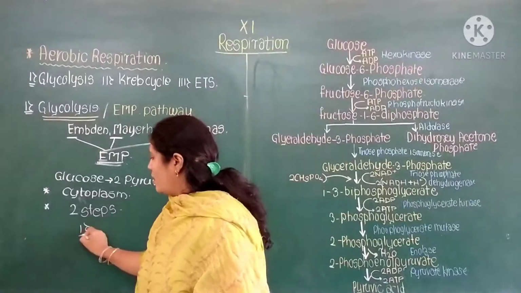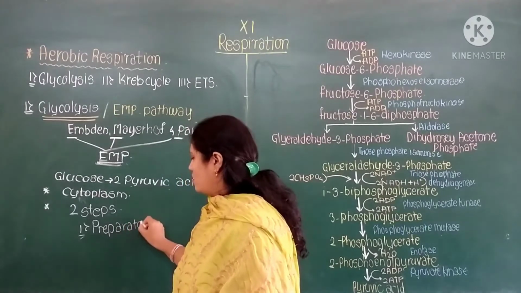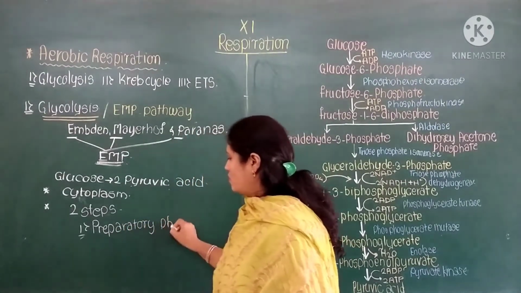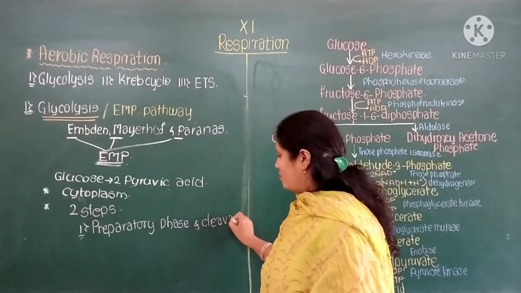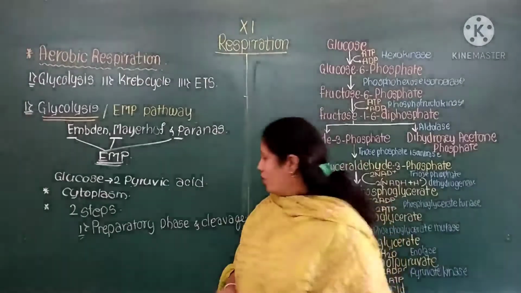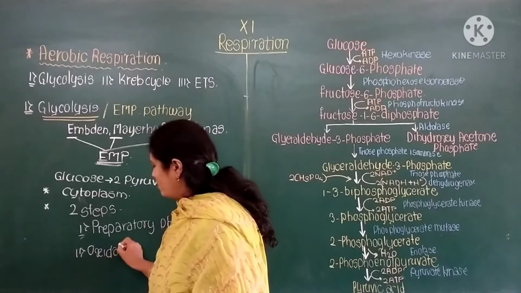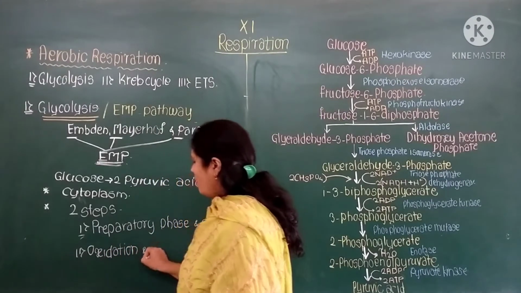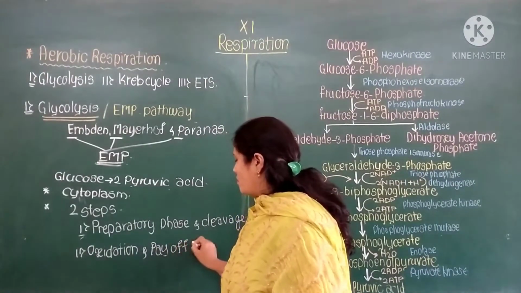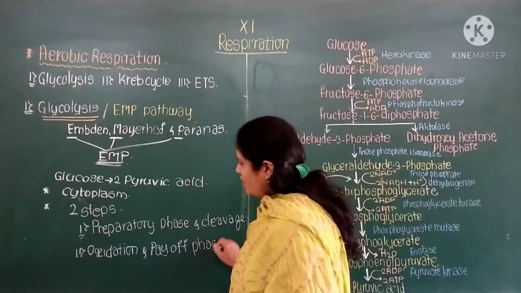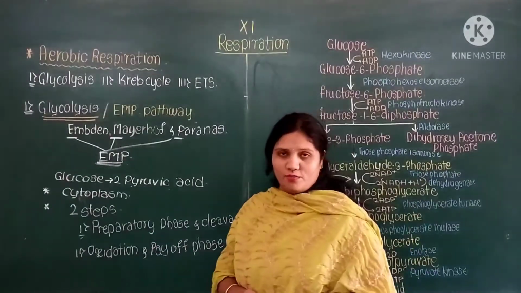The first one is known as the preparatory and cleavage phase, and the second one is known as the oxidation and payoff phase. So in these 2 phases, the glycolysis process is completed.